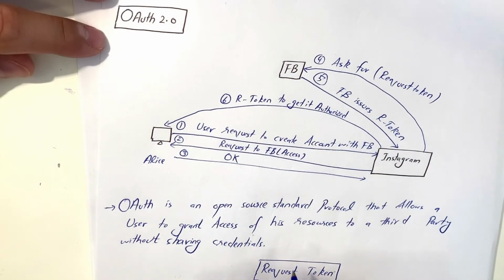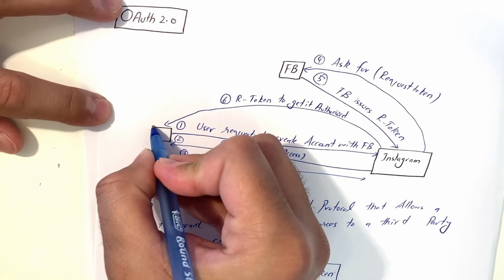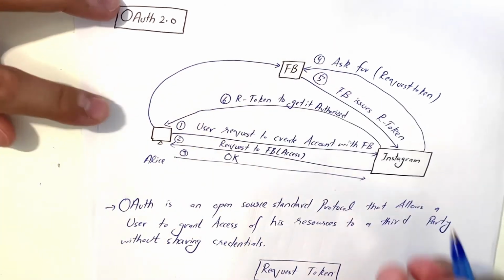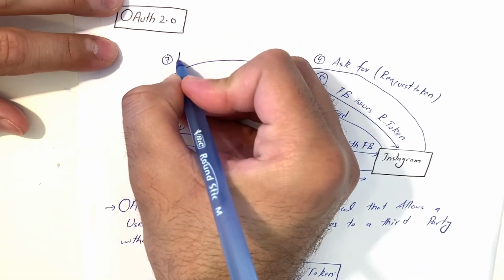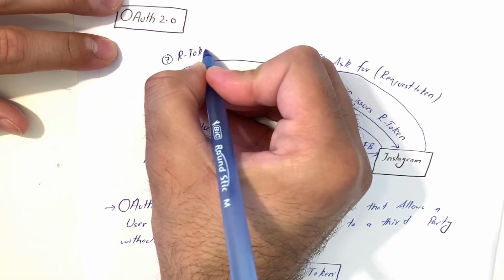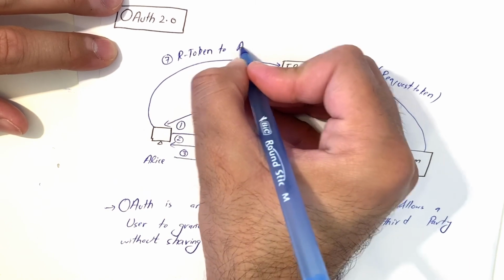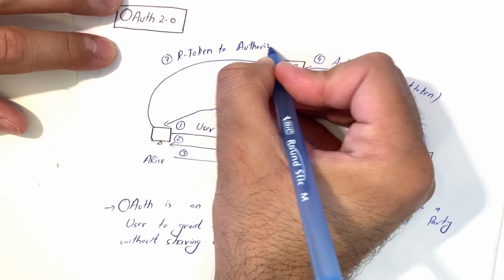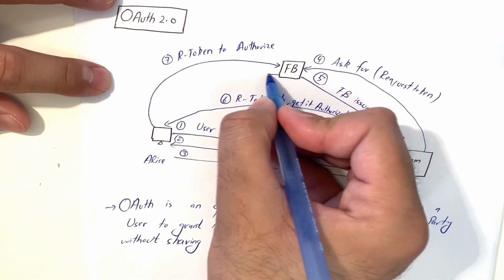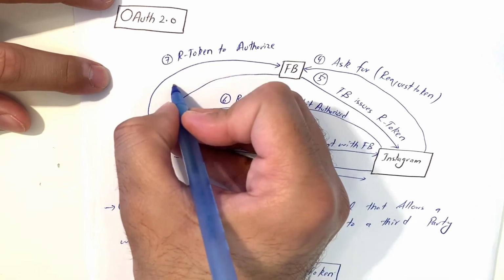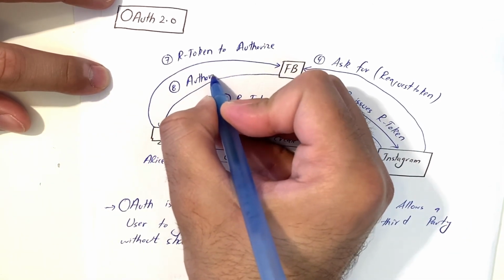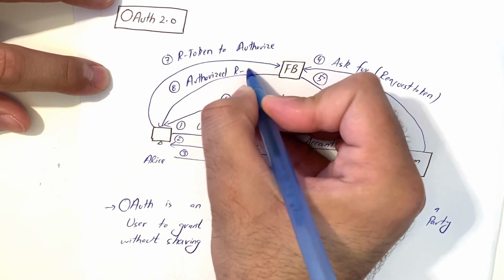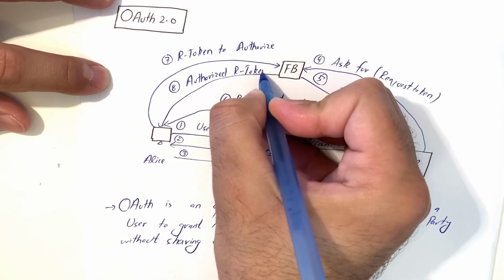So you go to facebook.com, where you put your username and password and present the R token to authorize. After you put in your username and password, the eighth step is they authorize the R token. Now the request token is fully authorized.